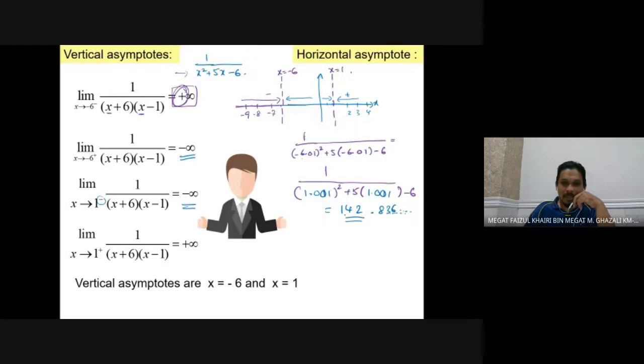So it's a big number with a positive sign here, then we come up with a sign of positive infinity.